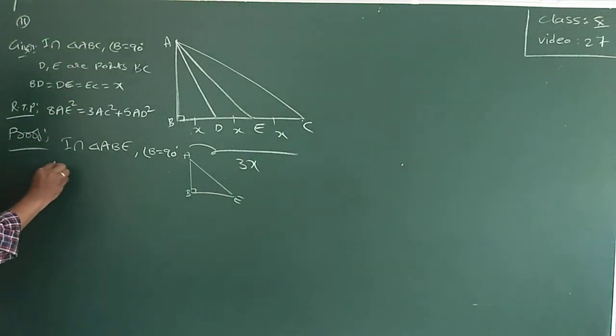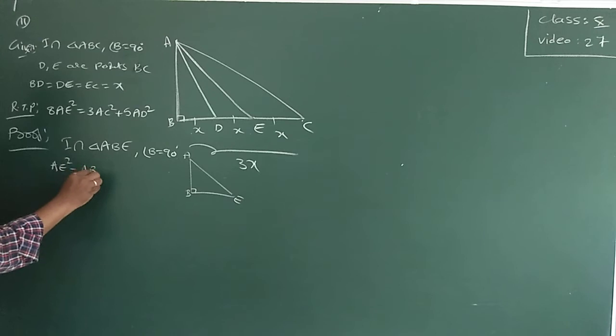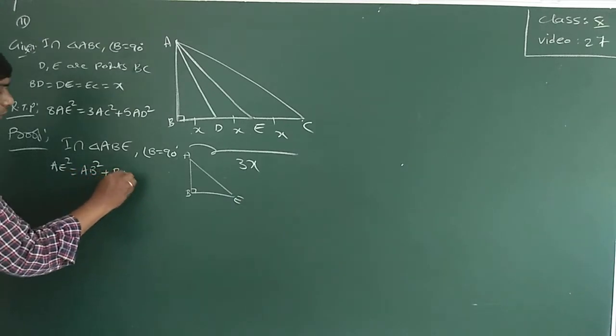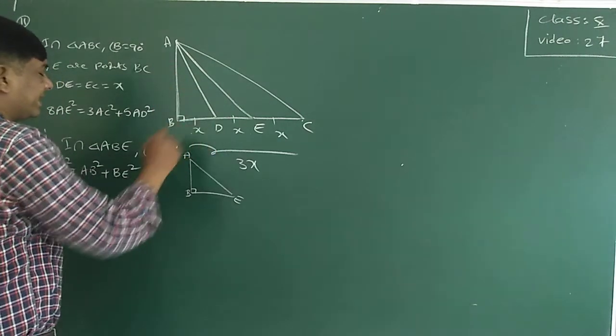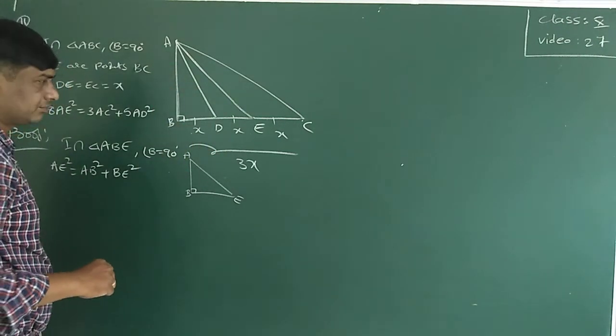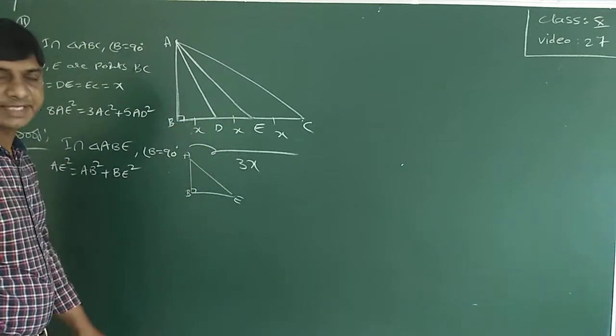AE square is equal to AB square plus BE square, and BE means BD plus DE, you can also write.